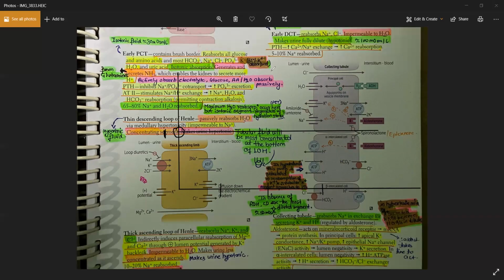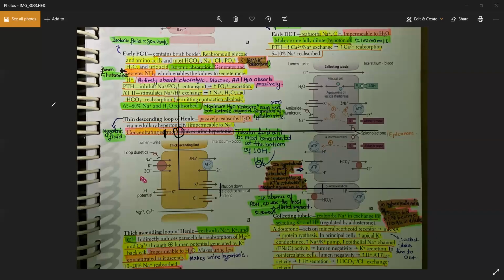If I have less water reabsorption and more reabsorption of that substance, I will get a low concentration of that substance. If I have more free water or more reabsorption of that substance, then ultimately the concentration of that substance will decrease.